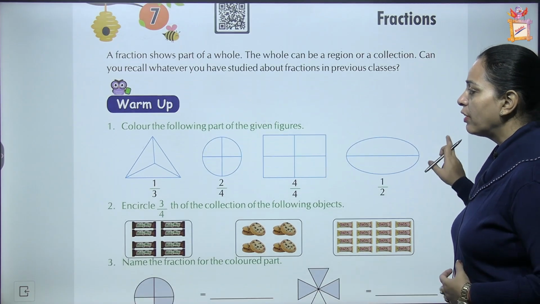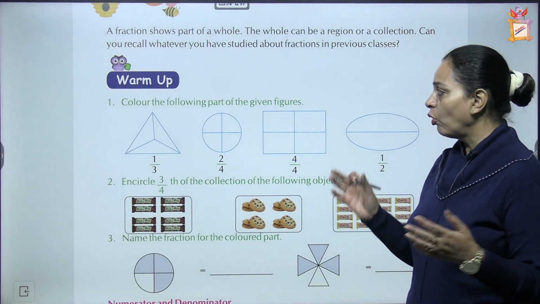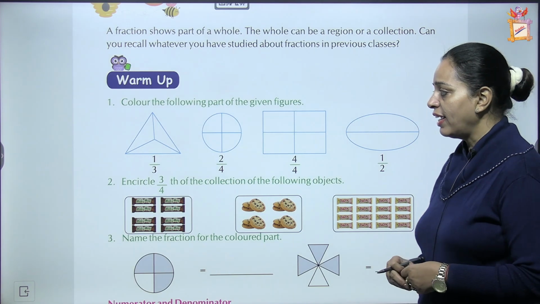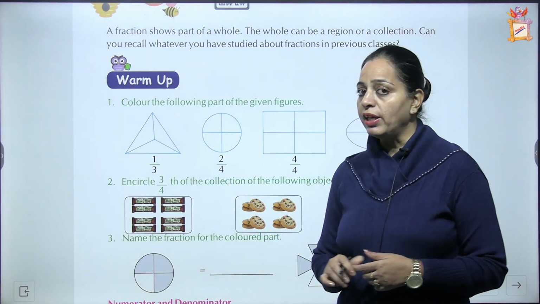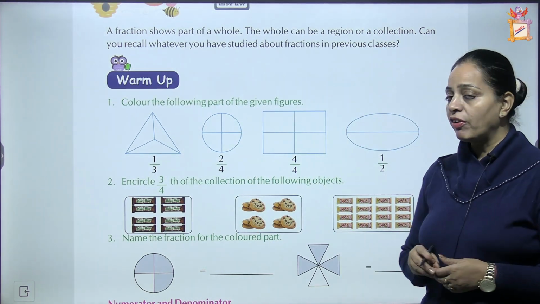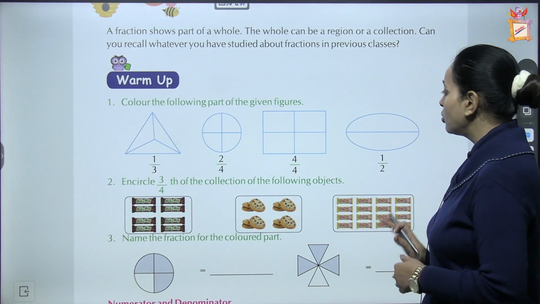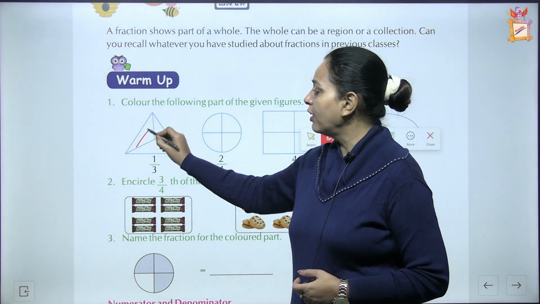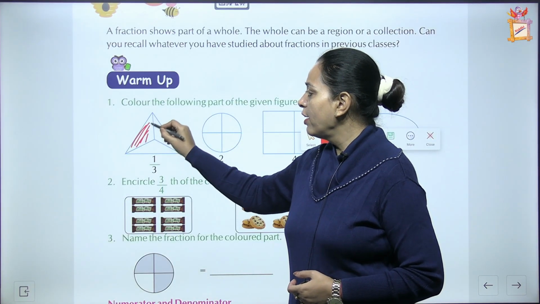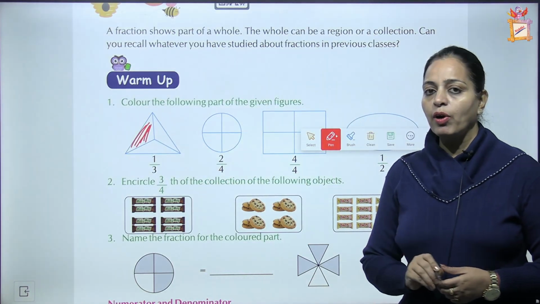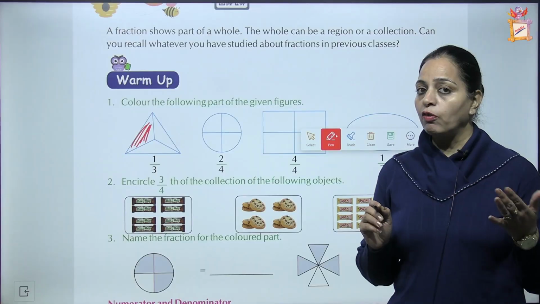So, warm up. The first one: color the following part of the given figures, like here 1/3. It means out of 3 equal parts, shade one part. Any one part you can color. Now see the second one, 2/4 means total 4 parts.